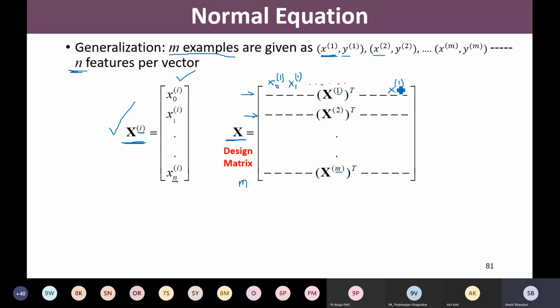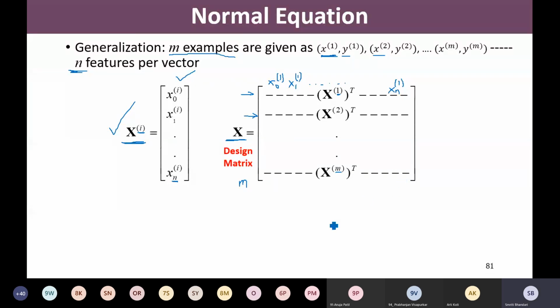These elements describe my first example, x superscript 1. Similarly, the features of my second example form the second row. This is how we collect the feature vectors of all m examples in our training data set.